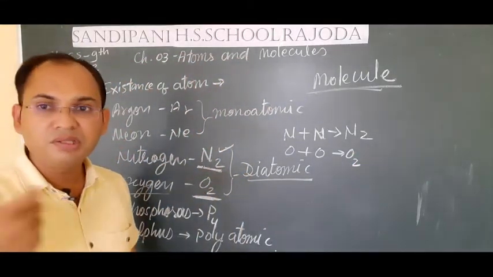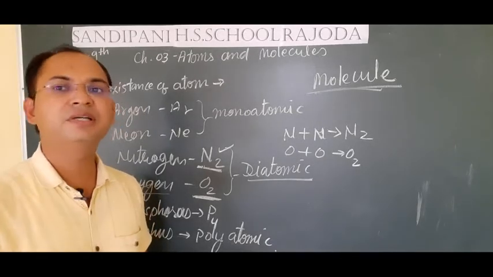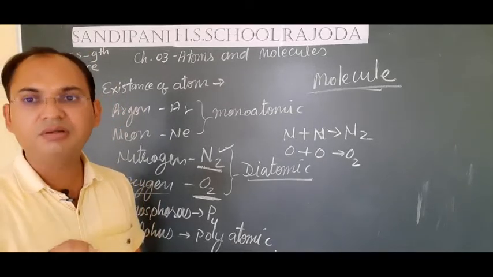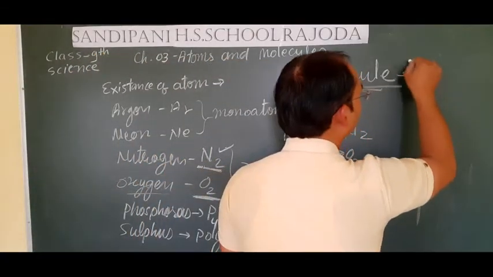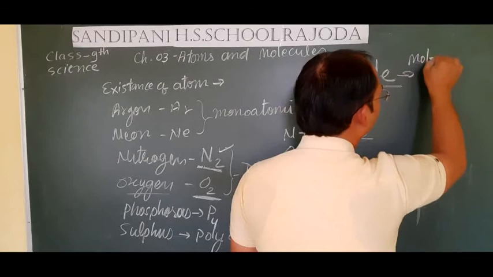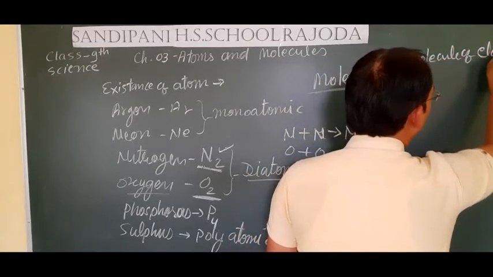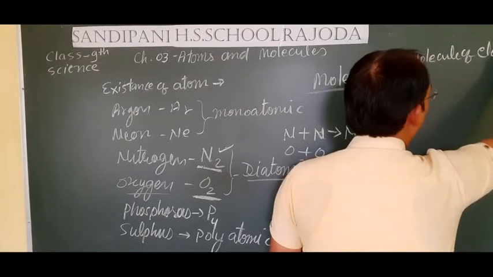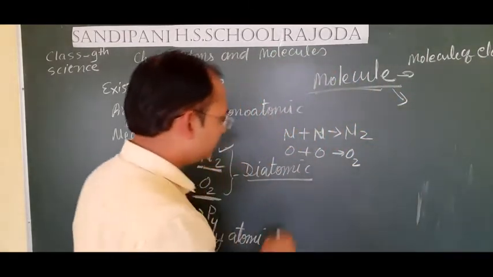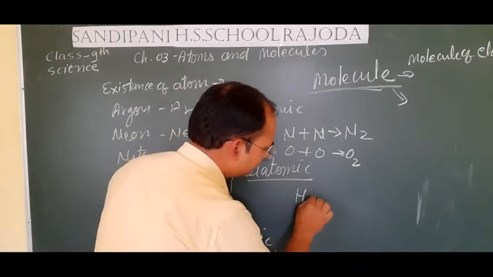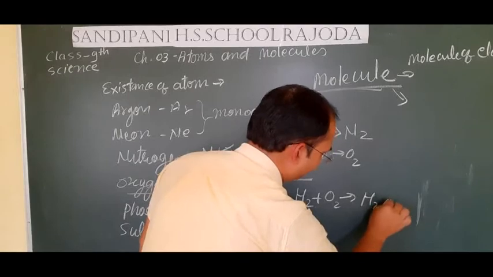That means the molecule in which the same type of atoms are present is called a molecule of the element. So, one is molecule of elements, and the second is like when hydrogen combines with oxygen to form a water molecule.